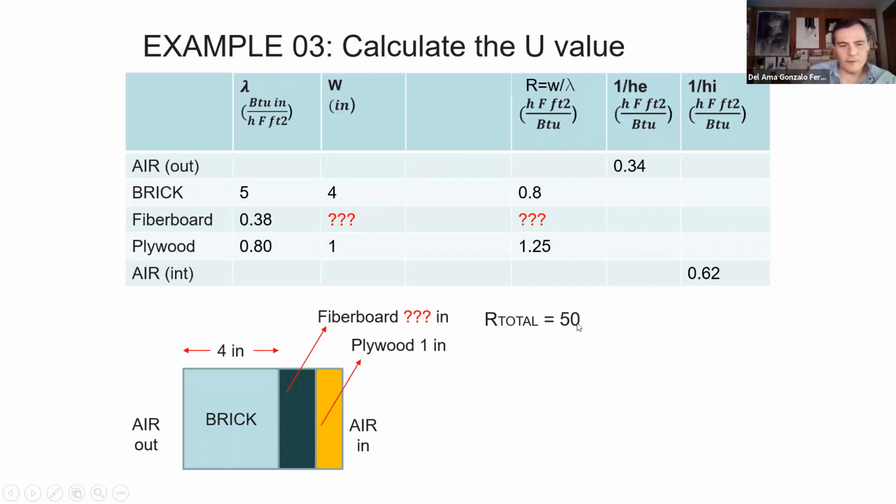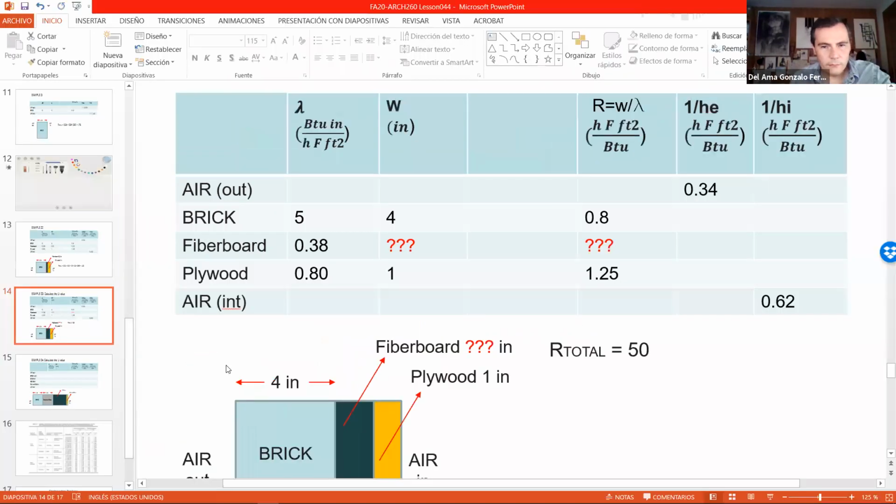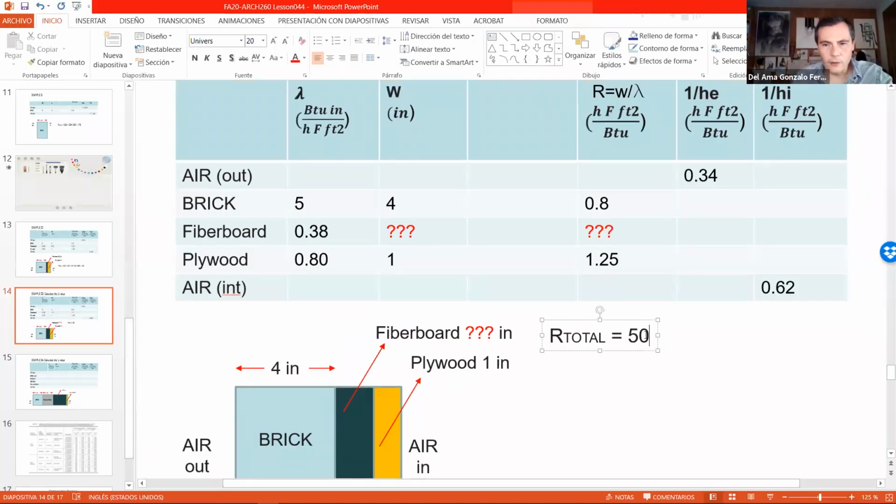Why? 50 watt, by the way. Don't forget to type units. It's BTU hour Fahrenheit square. Okay, so when you have a value, 50 is not enough. We always need units here.